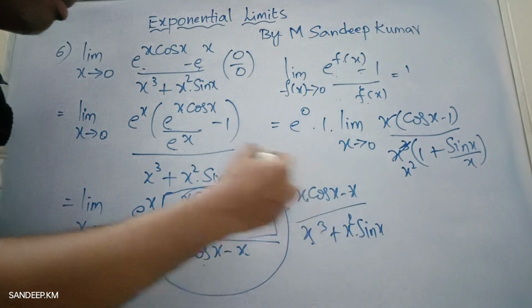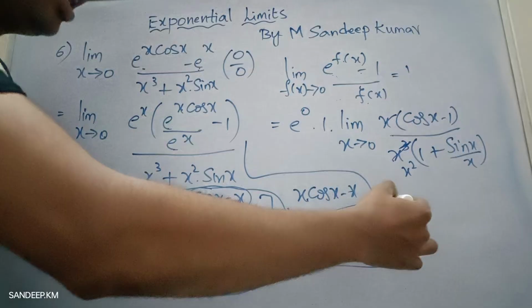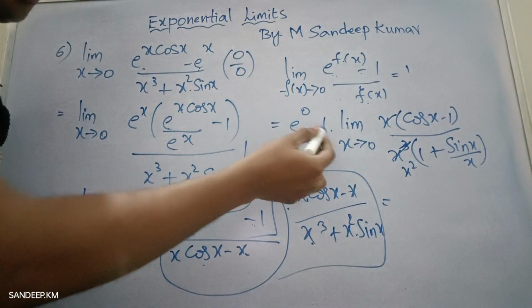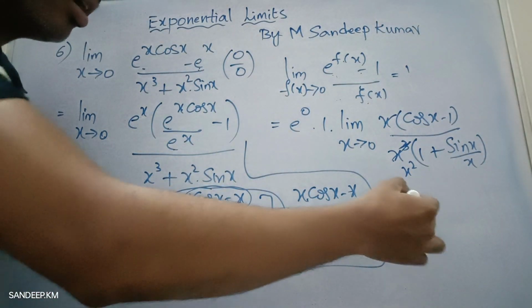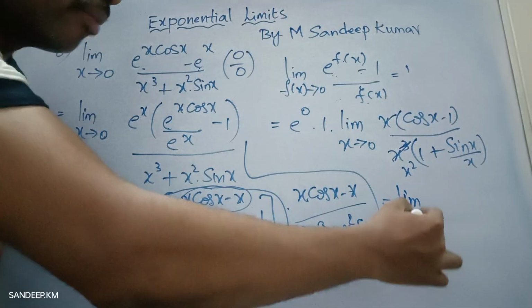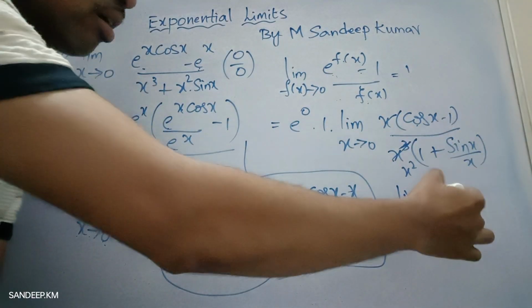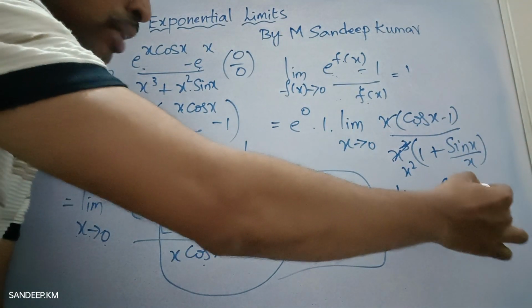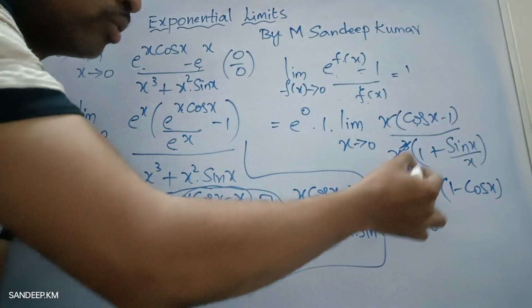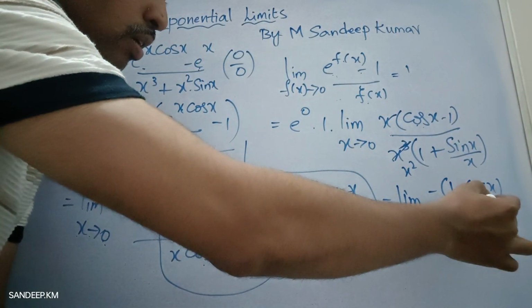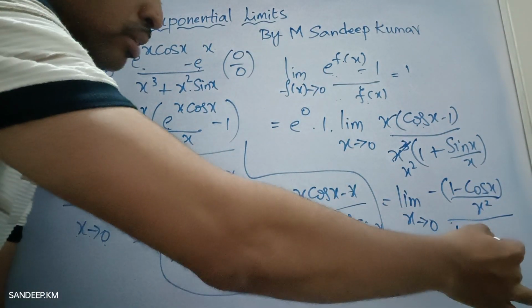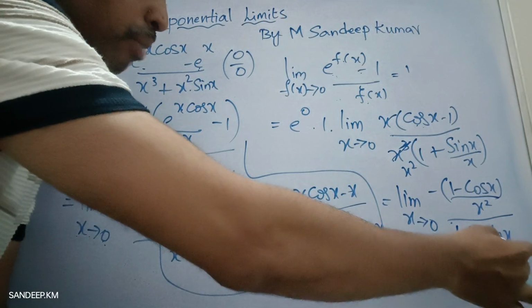So it is equal to e power 0 is 1. 1 into 1 is 1. Limit x approaches 0. If I take minus common, I'll get 1 minus cos x, and let me give this x square for this, divided by 1 plus sin x divided by x.